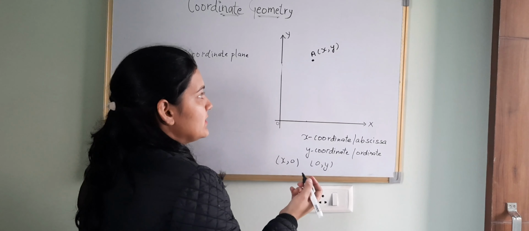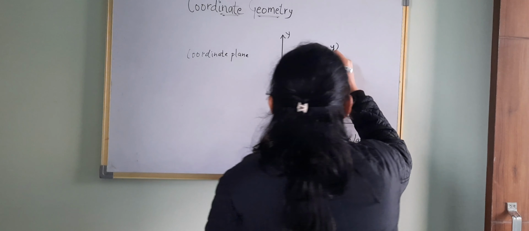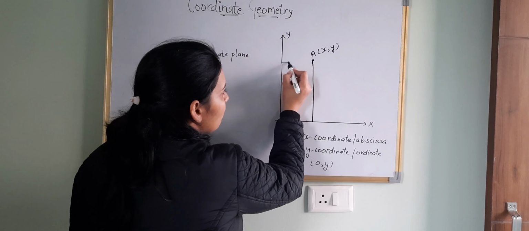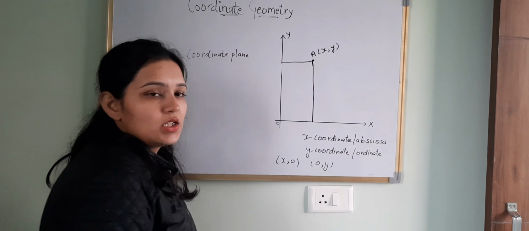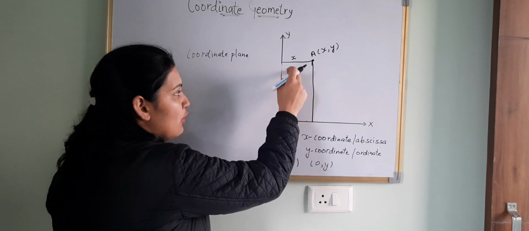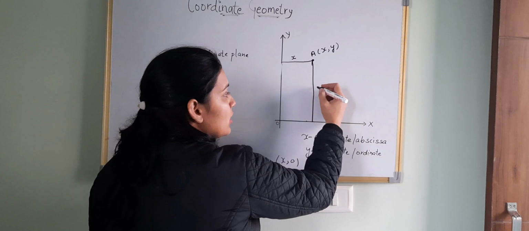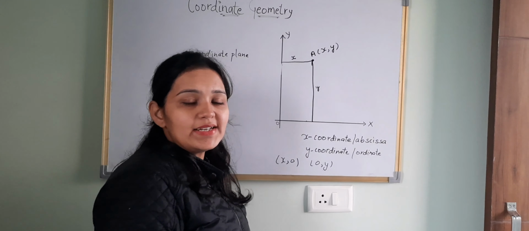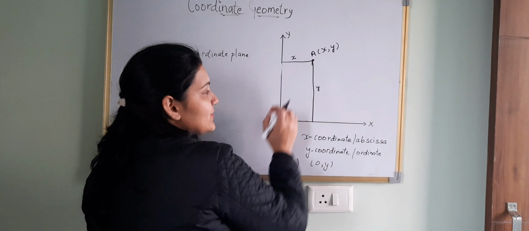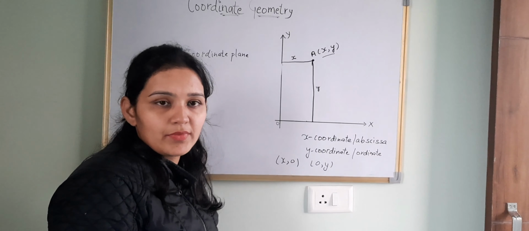How? See, if we make a perpendicular from A on the x-axis and on the y-axis as well, this point will be x units away from the y-axis and this point will be y units away from the x-axis. So its coordinate will be defined like this as (x, y).